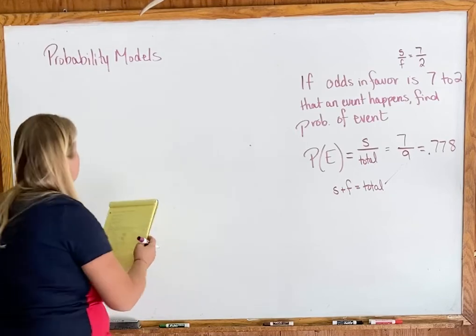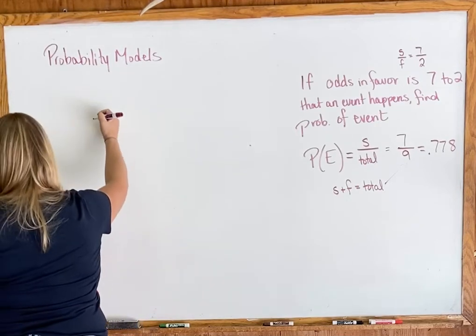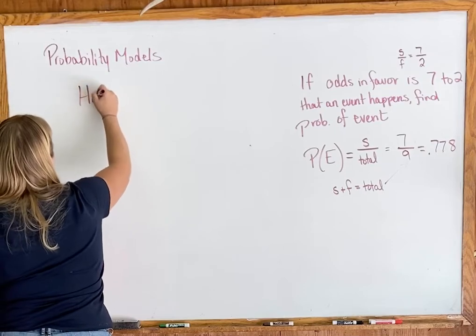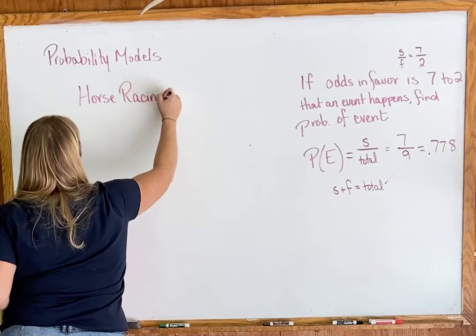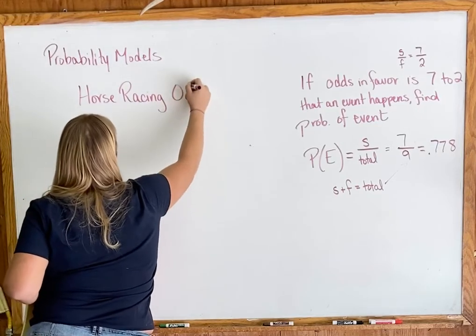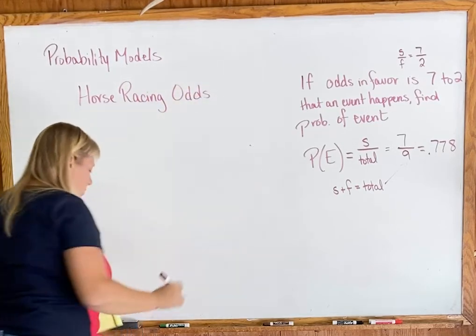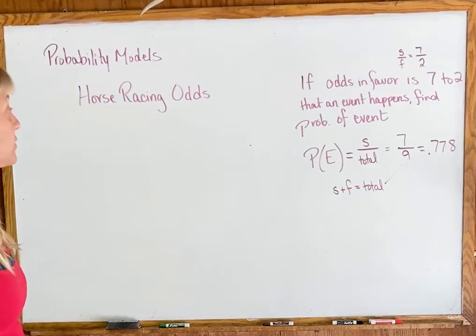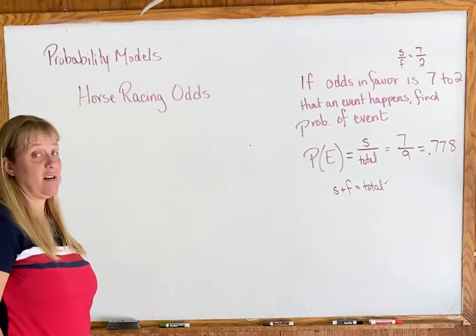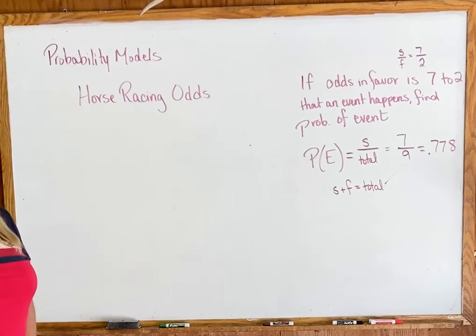Okie dokie. So next we have horse racing. When you go to the track, I honestly have never been to a horse track, so I really don't know this, but this is what we see on television. When you go to the track, each horse has odds on it.